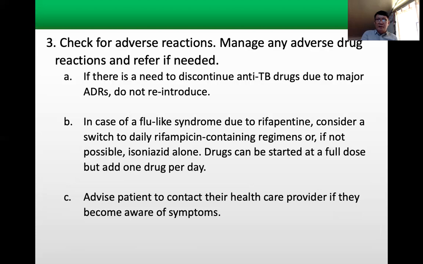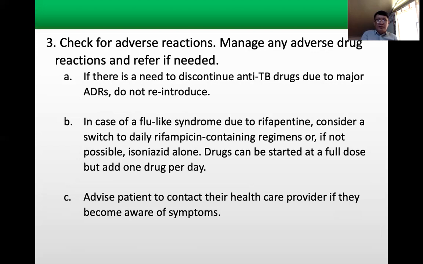Manage any adverse drug reaction and refer if needed. If there is a need to discontinue anti-TB drugs due to major ADRs, do not reintroduce. In case of flu-like syndrome due to rifapentine, consider a switch to daily rifampicin-containing regimens, or if not possible, isoniazid alone.